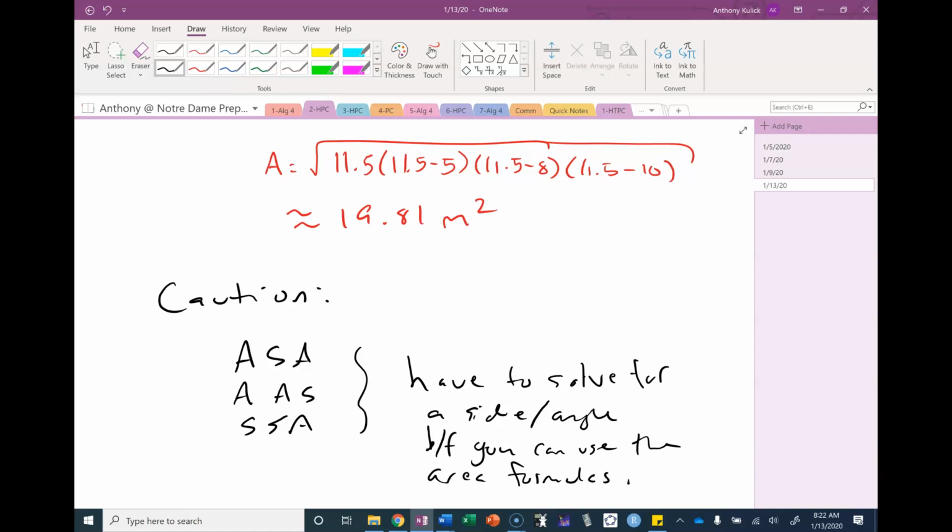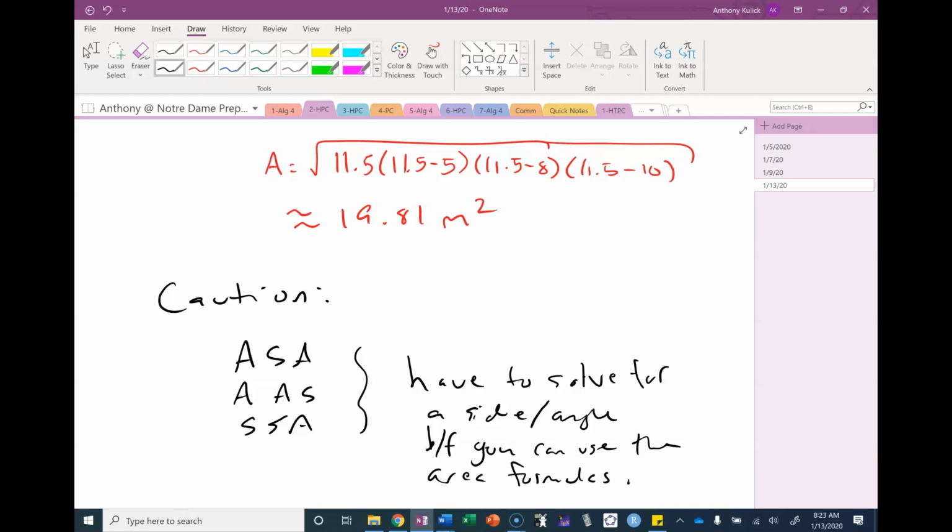Those are situations where you might have to solve for a side or an angle first before you can use the area formula. That does happen in the homework on occasion, so just don't be thrown when you look at the initial information and go, I don't have enough information to plug it into one of these area formulas. It's okay. You can just use the law of sines or cosines to find another measurement, and then you should be able to make enough out of that problem to solve for the missing piece, or to solve the area then, right, once you have one more piece. Is that okay? So just as a heads up, that can happen. Don't get thrown.